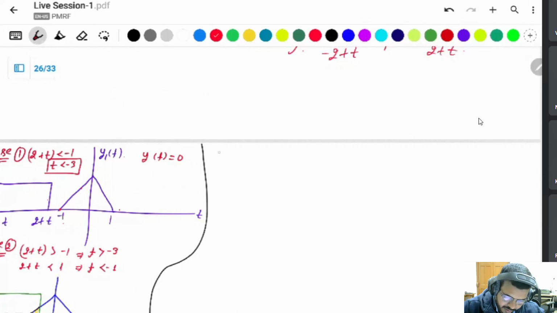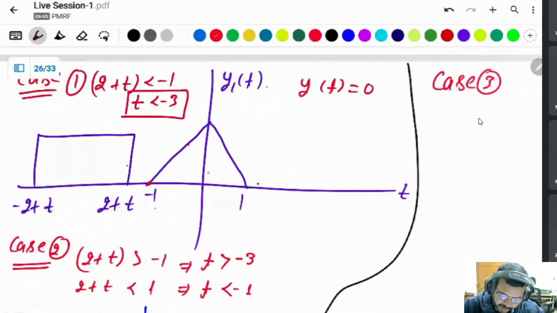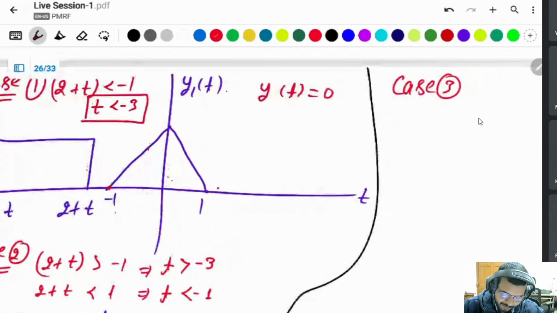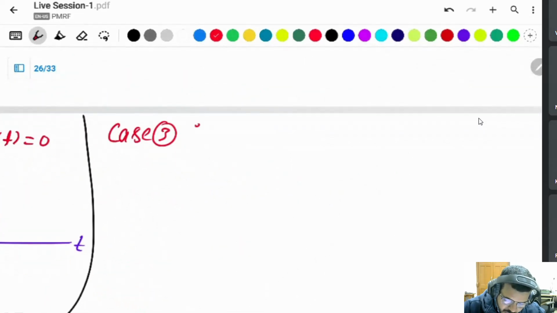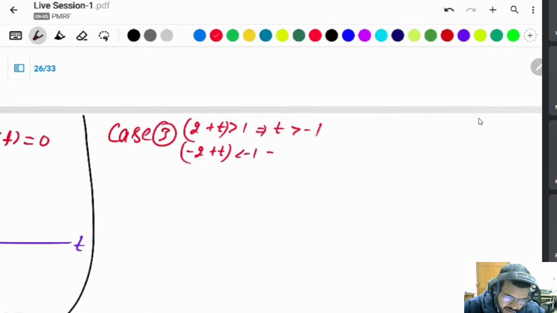Take the third case. In the third case, this is overlapping here. This is less than this one, meaning 2 plus t is greater than 1, which means t is greater than minus 1. Minus 2 plus t is less than minus 1, then t is less than 1.